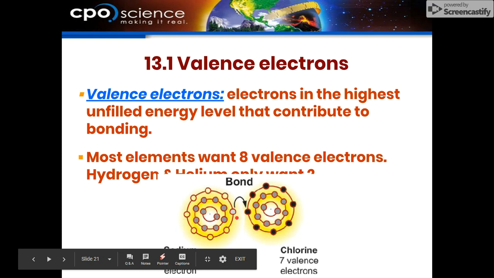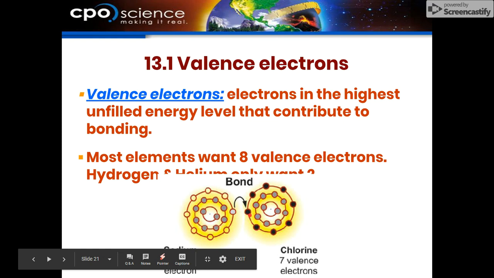It doesn't want to have that 1, but chlorine has 7. It wants to have 8, right? So sodium can give its electron to chlorine. Chlorine's now full, and now sodium, its outer shell is now the second one, and now it's full. So both elements are happy, both atoms are happy.